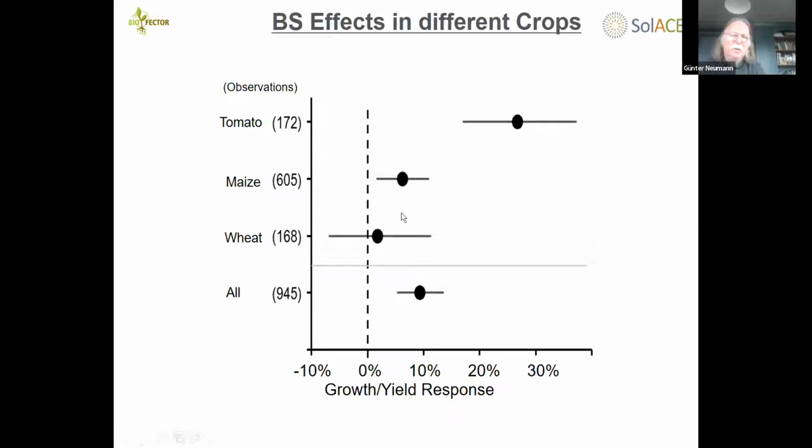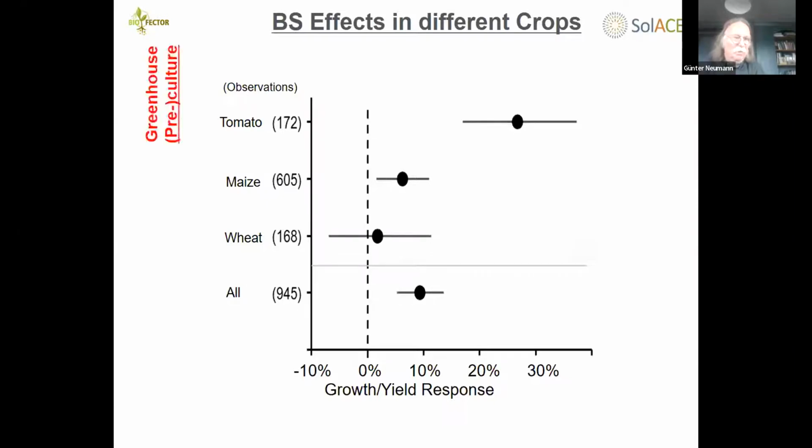And in general, here we see the growth or yield response over all the tested experiments. And we see significant positive effects when we go over all experiments, about 10% growth or yield increase. But as we see, we have a strong variability between the different crops, and tomato was by far the most responsive one, which may point to genotypic differences or to differences in plant species.